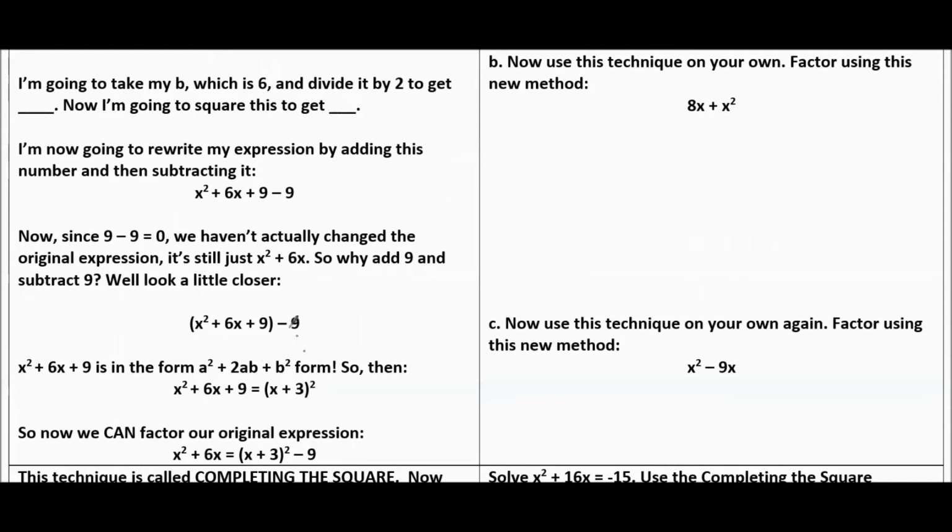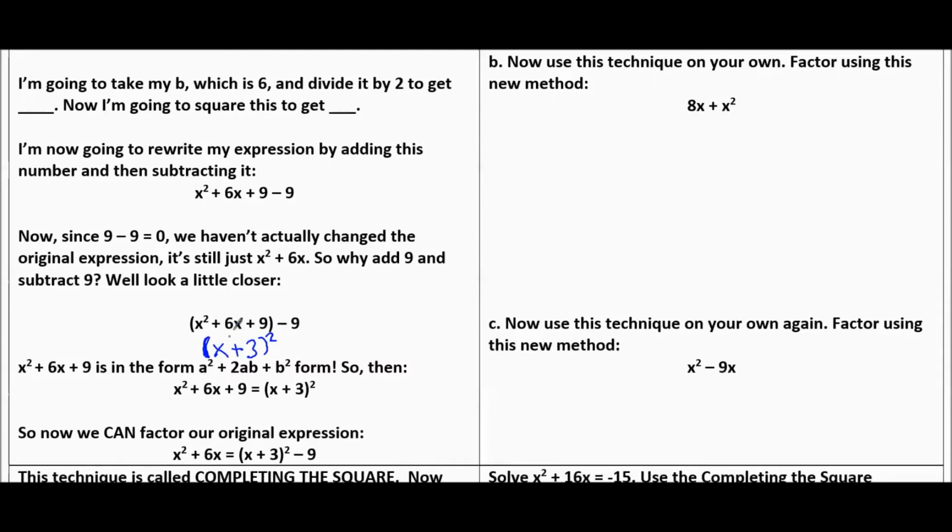Now, I don't know if you guys remember this, but when we were factoring trinomials, we would see if the first term and the third term were perfect squares, and we would assume, okay, is this one of our special product patterns? Square root of x squared is x. The square root of 9 is 3. Plus, so we have a plus in between, and then we square it. We assumed that we could factor it using this.